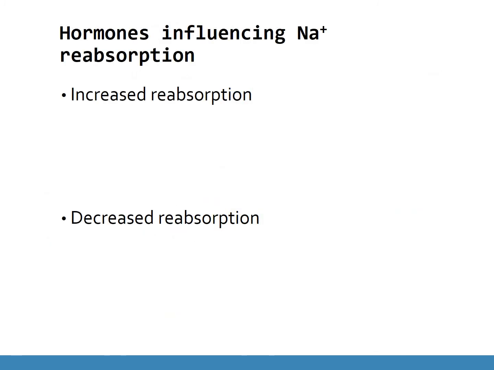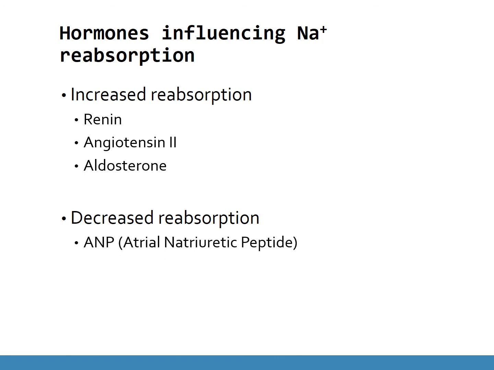Now there are different hormones that influence sodium reabsorption. There are some which increase sodium reabsorption, and you all know the hormones. It is renin, angiotensin II, and aldosterone. There is one hormone, however, which causes a decrease in sodium reabsorption, and that is the atrial natriuretic peptide, or ANP.